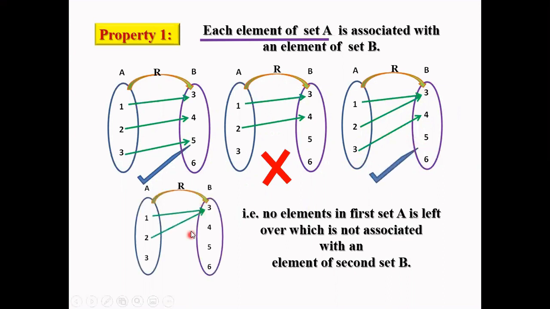One more example. In this one also, the element 3 of set A is not associated with any of the elements in set B. So this 3 is left over, which has no second component in set B. So property 1 is not satisfied by this relation.